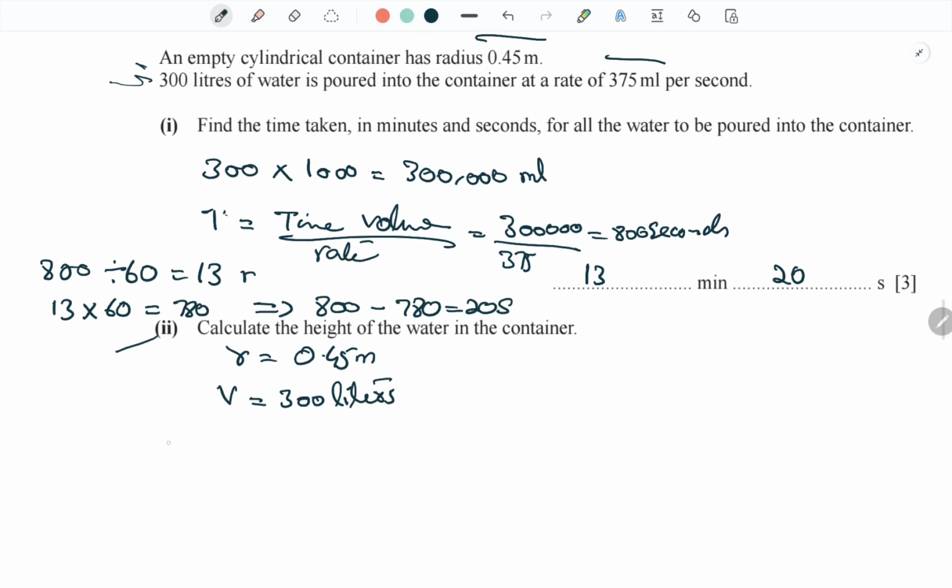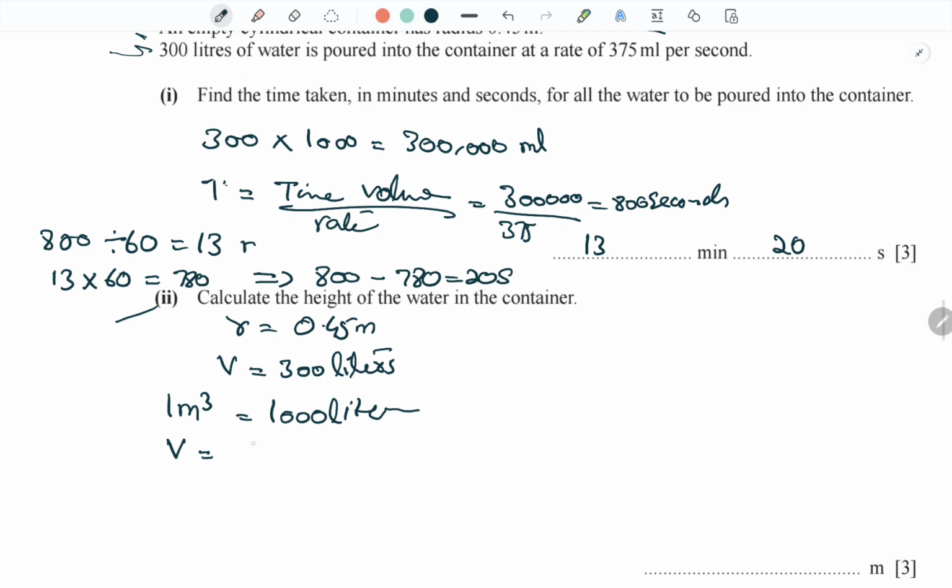Now 1 meter cubed equals 1000 liters, so we divide: volume equals 300 over 1000, so we get 0.3 meters cubed.